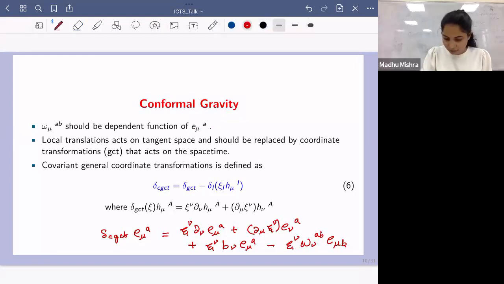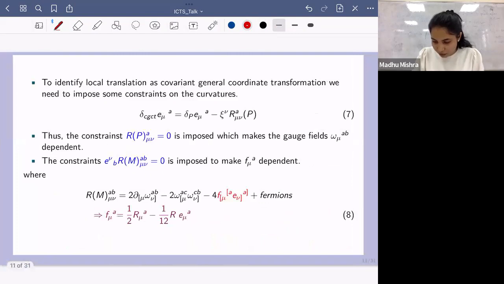Okay, so we wrote this covariant general coordinate transformation for E mu A in this form, and we can show that this can be written as local translation minus some covariant quantity, which is the curvature of this translation, which we calculated in the previous slide.